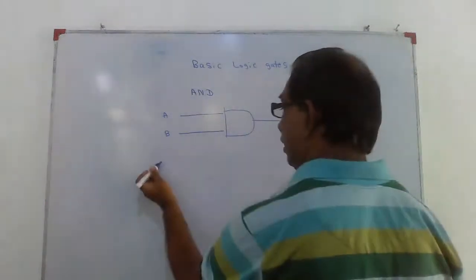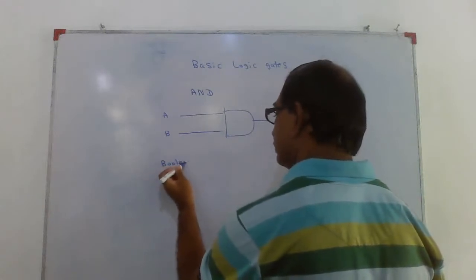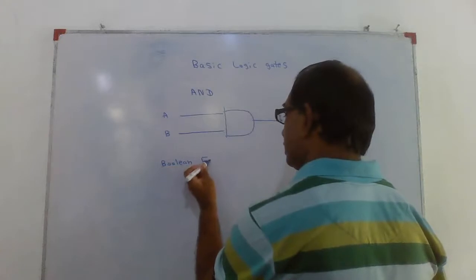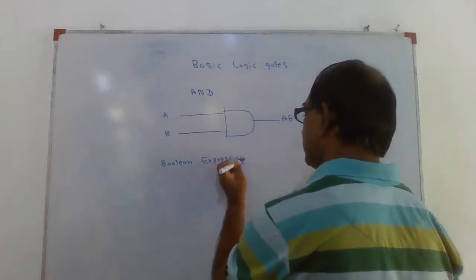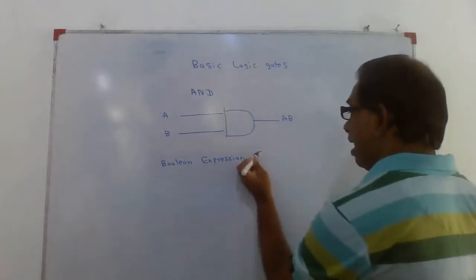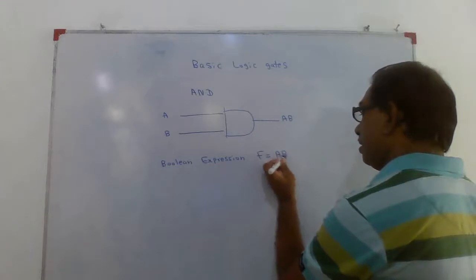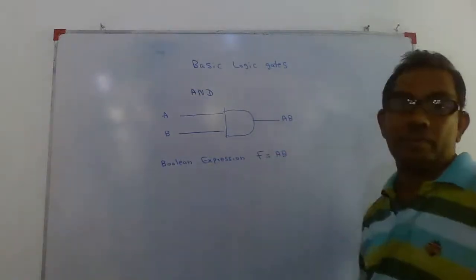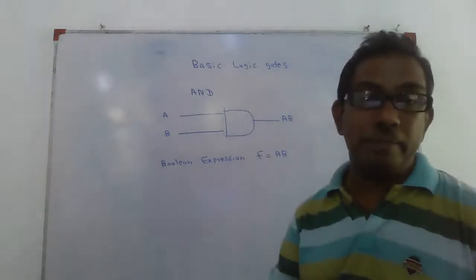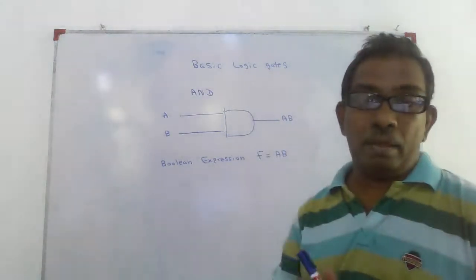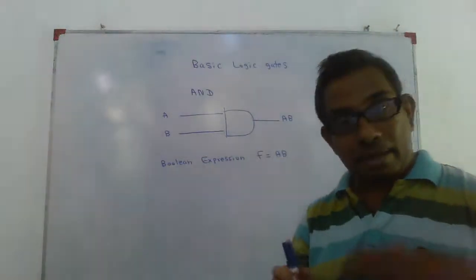If you take a Boolean expression, A and B, so F equal A and B. But in this example, I show only A and B, but there are possibilities.